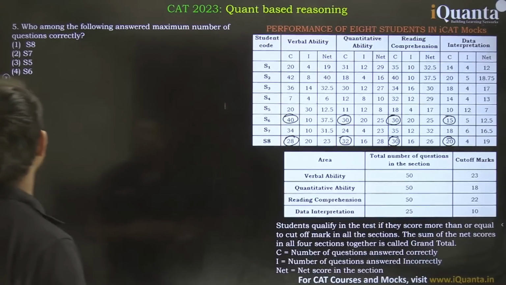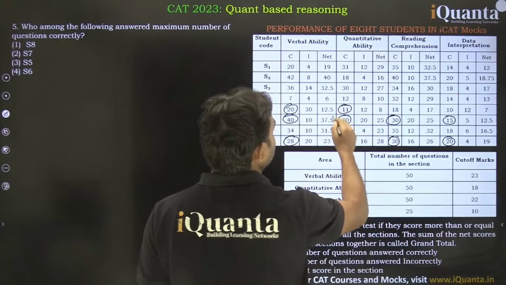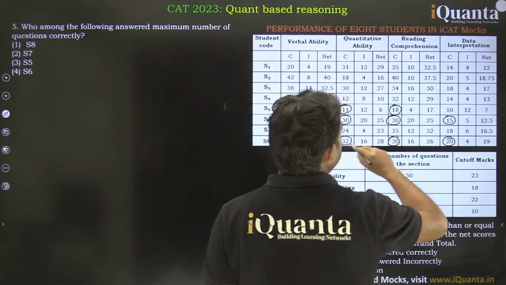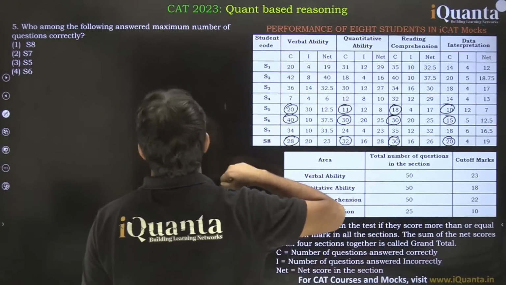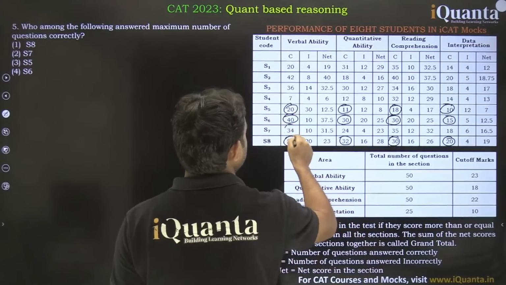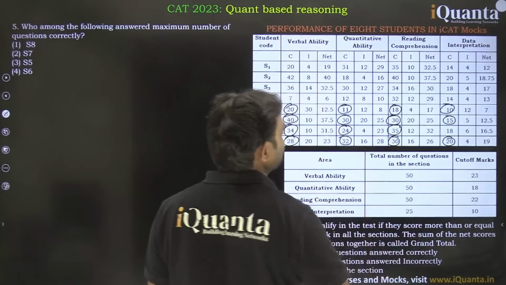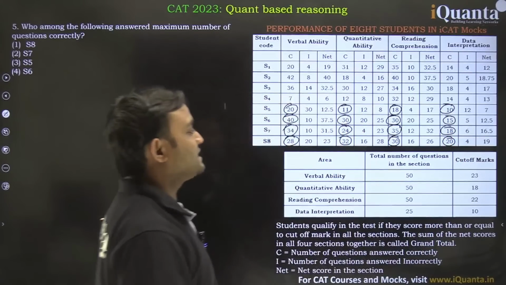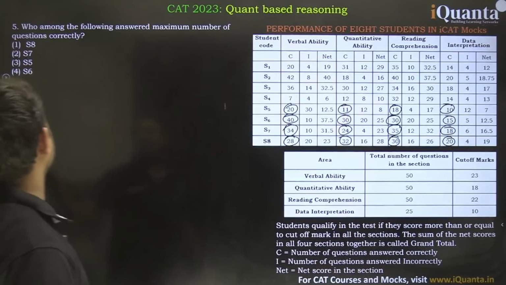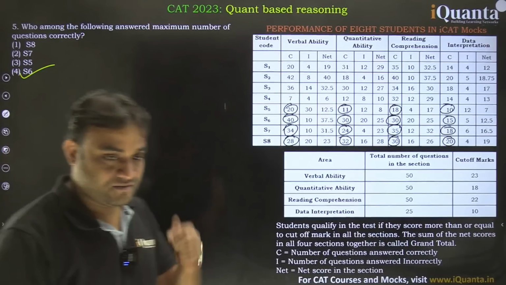For S5, it's 20 plus 11, 31 plus 18, 49 plus 10, 59, very low. S7, it's 34 plus 24, 58 plus 35, 93 plus 18, still less than S6. So the maximum number of questions answered correctly is by S6, which is option 4.